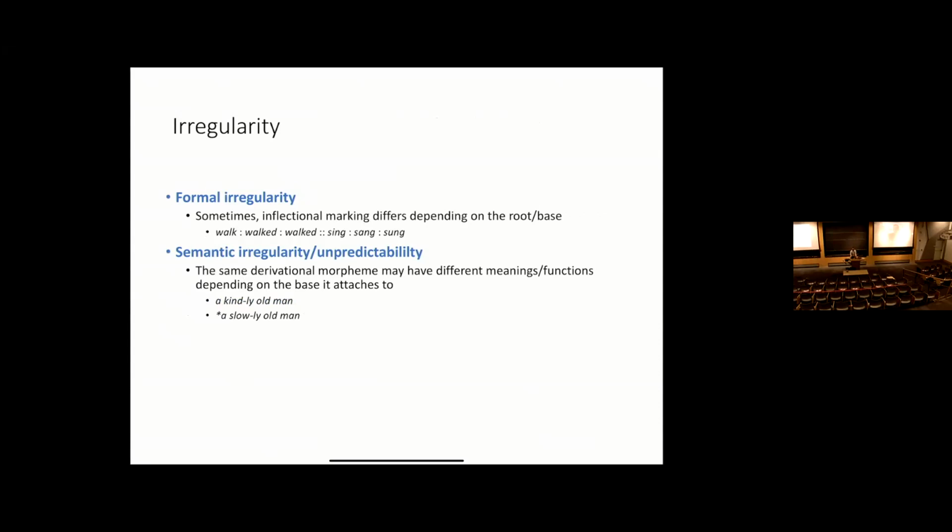So if you compare walk, walked, walked with sing, sang, sung, what you're doing to that verb to inflect it is very different in one case than the other. So this is formal irregularity. There's also, though, semantic irregularity or unpredictability, and this gets to some extent back to the last question. So the same derivational morpheme may have different meanings or functions depending on the base it attaches to.